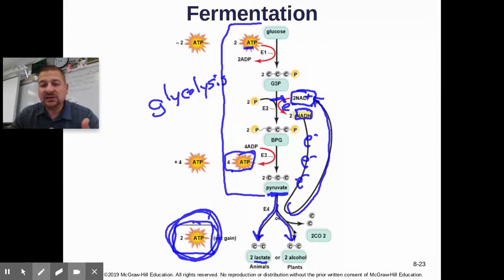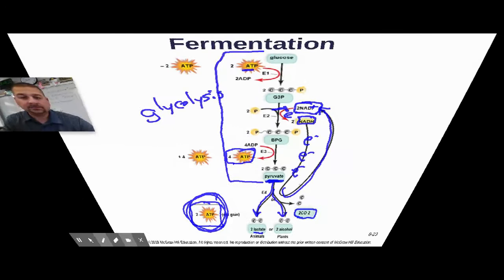The electrons are put into the pyruvate, oftentimes the CO2 is split off, and you get 2 ethyl alcohols or ethanols. So fermentation is a way of changing that pyruvate, putting the electrons in, freeing up the NAD plus to come back up here and allowing glycolysis to continue to happen so the cells can continue to get energy in the absence of oxygen.